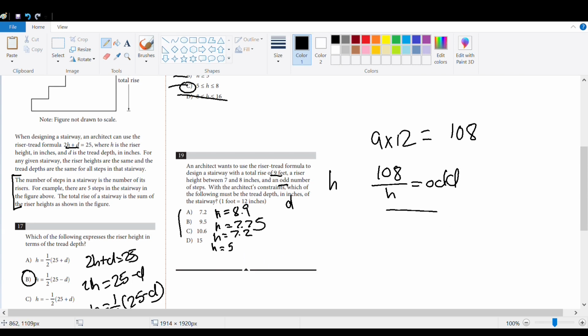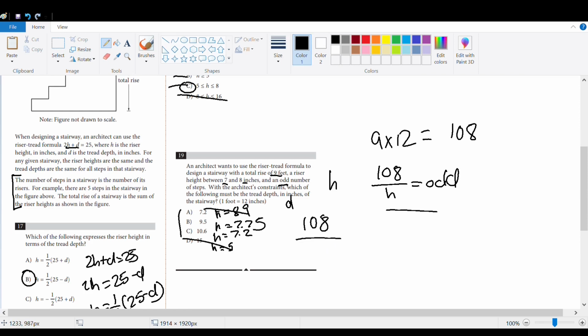So if we have the values of h, and 108 divided by h is odd, we just divide 108 by these values here and see if it's odd or not. So first off, h has to be between 7 and 8 inches, so it's not A, and it's not D, so it's either B or C. So let's just divide 108 by these values.